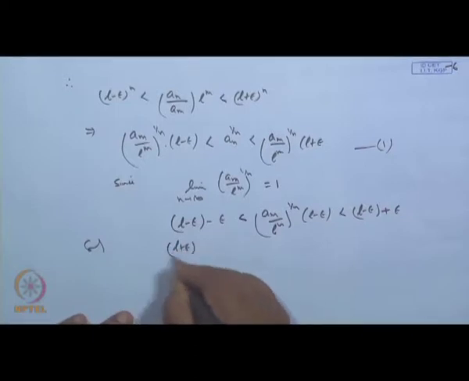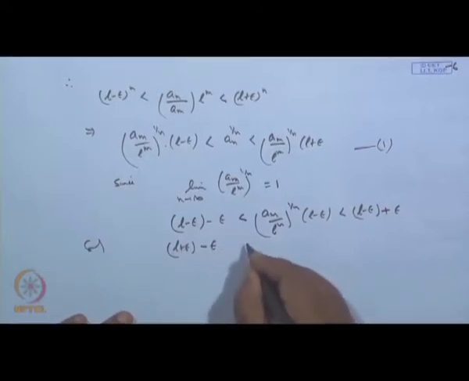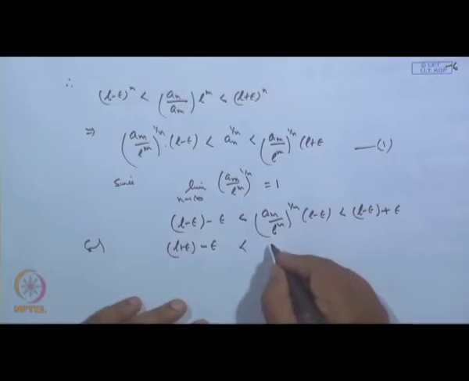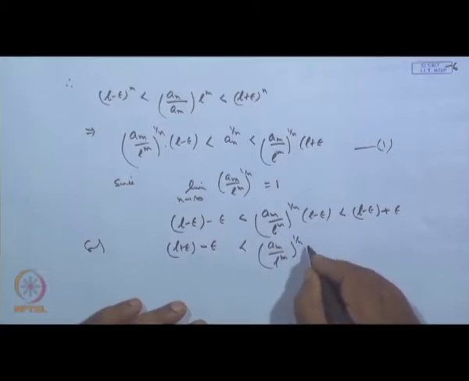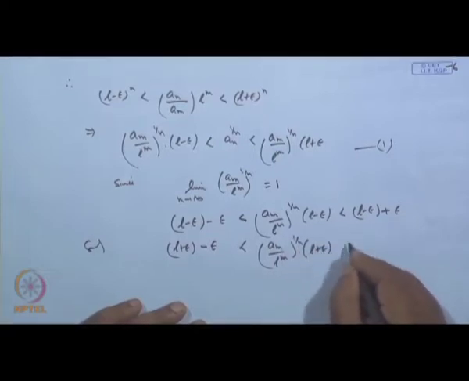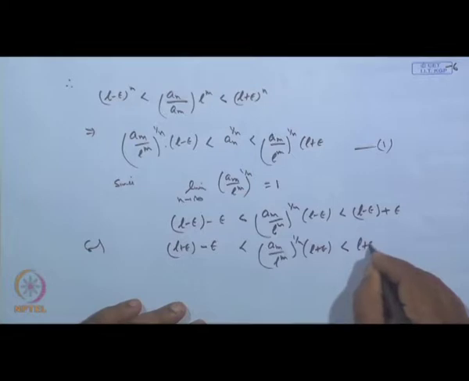Similarly, we can say L plus epsilon minus epsilon is less than (a m over L to the power m) raised to the power 1 by n times (L plus epsilon), which is less than L plus epsilon plus epsilon.